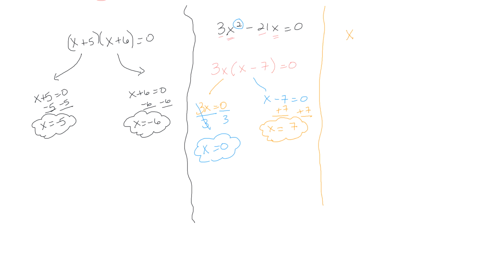X squared minus 13x plus 36 equals 0. This is in our factoring way. So I'll try to factor it. Leading coefficient is a 1, so it's pretty easy to factor.